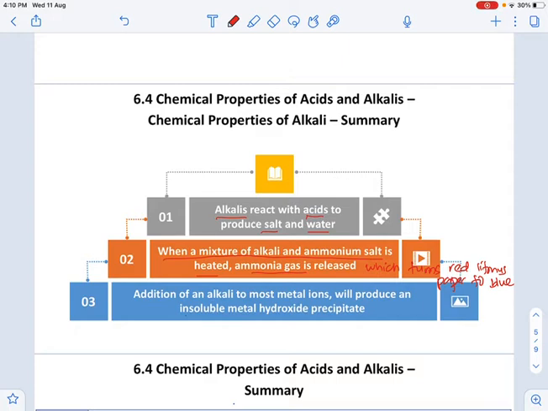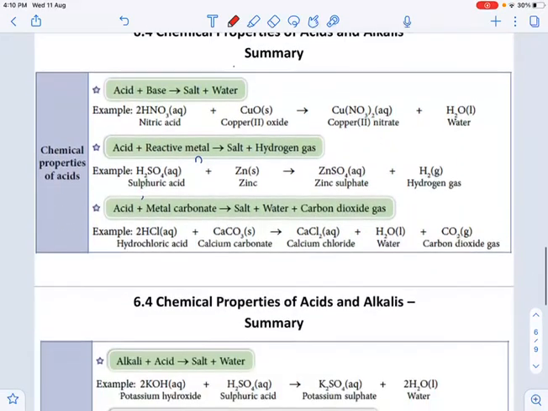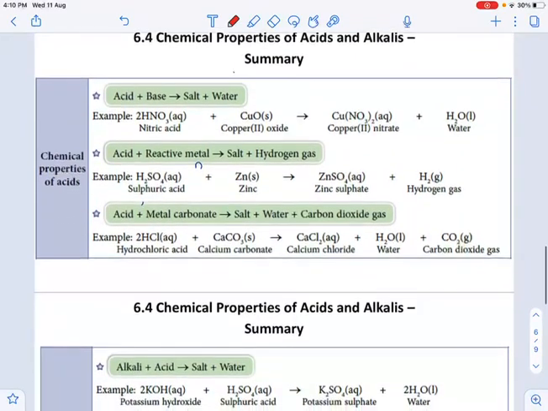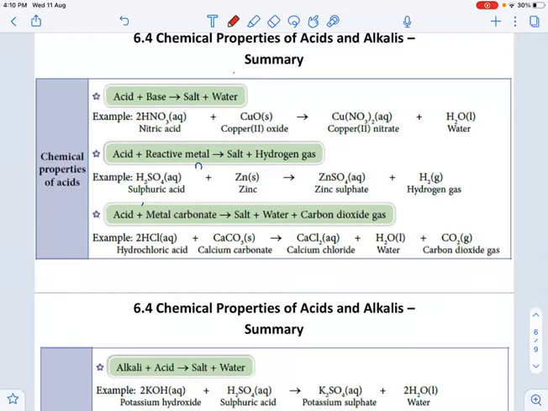And number 3, addition of an alkali to most metal ions will produce an insoluble metal hydroxide precipitate. And lastly is the summary of the chemical properties of acids and alkalis.